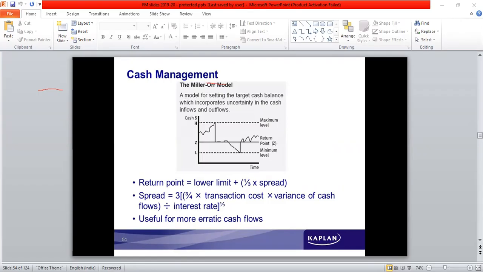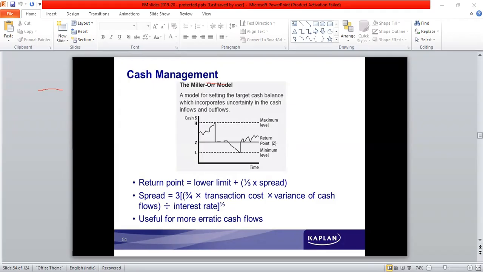Fine. So what is interest rate per day? It is this divided by, in a year there are 365 days. So interest rate per day is 0.0002. After that, calculate what is spread.